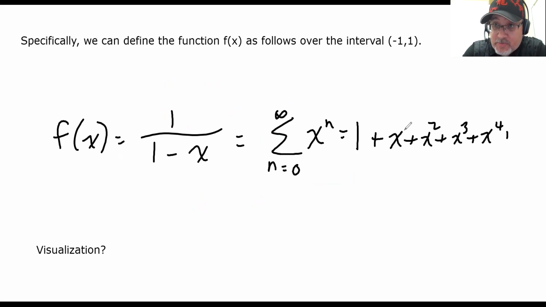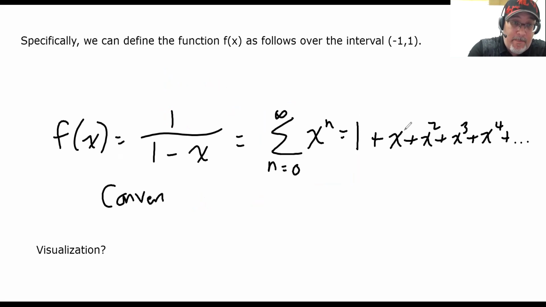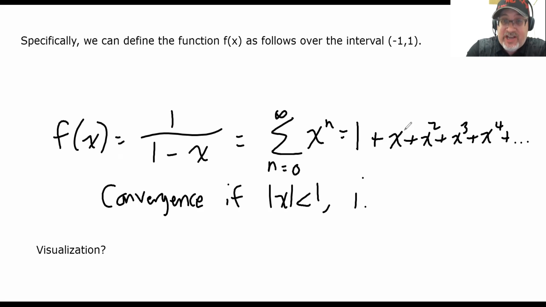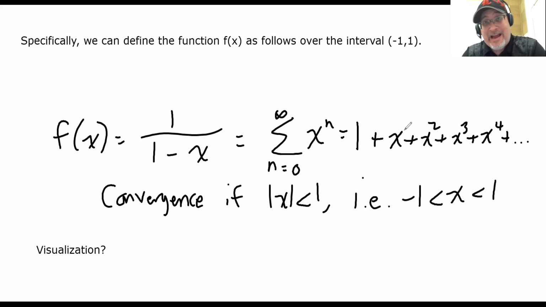And again, we get convergence if the absolute value of the ratio is less than 1, which is the same as saying -1 is less than x is less than 1. We do get divergence at the endpoints. Not always the case when you have an interval of convergence, but for a geometric series, it's always the case.